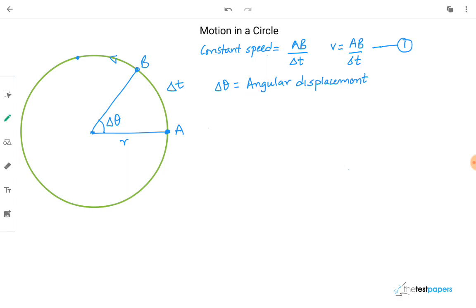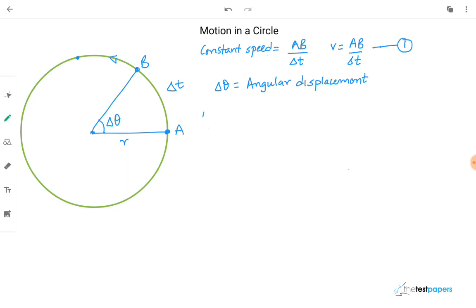Now, if we were to assume that this particle is moving at a constant speed v, then it is also moving at constant angular speed. The angular speed is the rate of change in angular displacement.